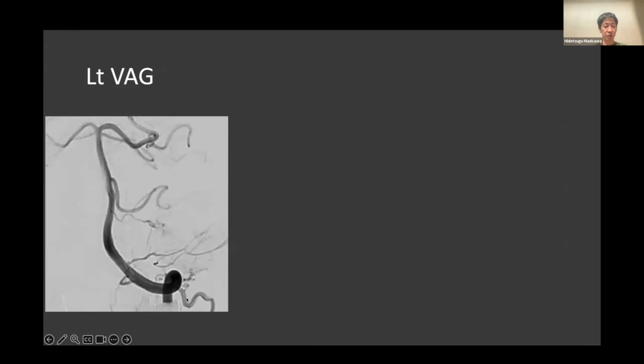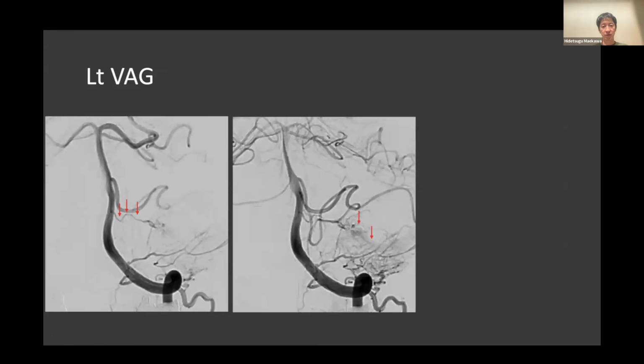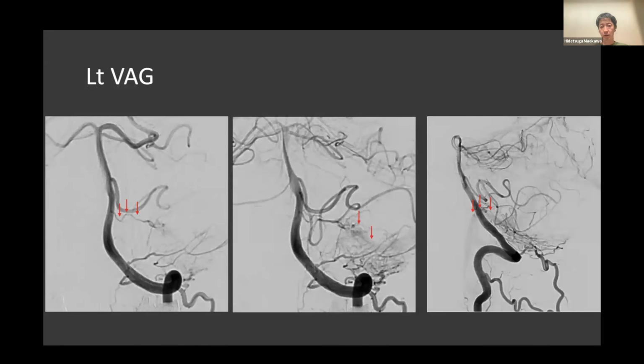And this is the injection demonstrating this artery here supplies the shunt. And I think this is a PL feeder, and this is a lateral view demonstrating the sigmoid sinus and the internal jugular vein.